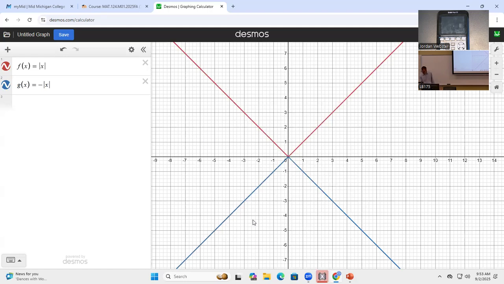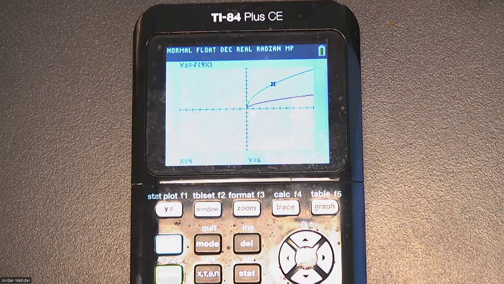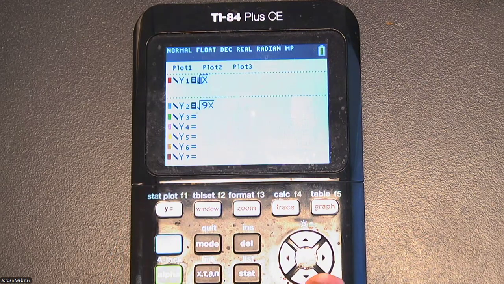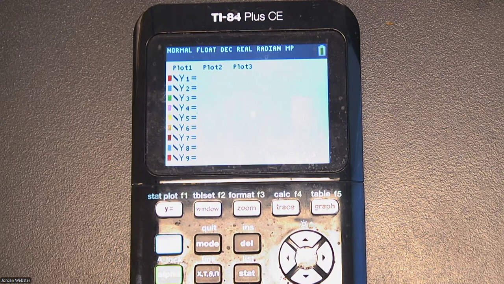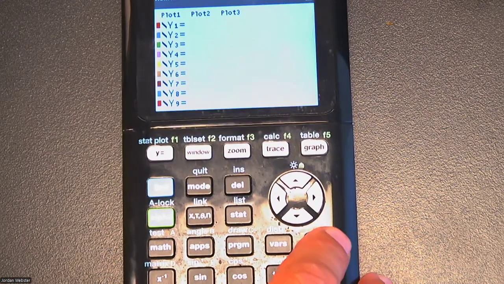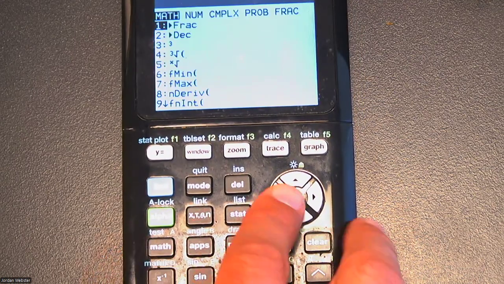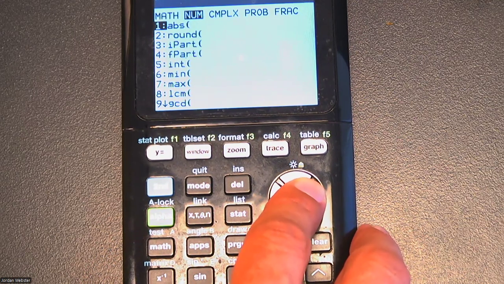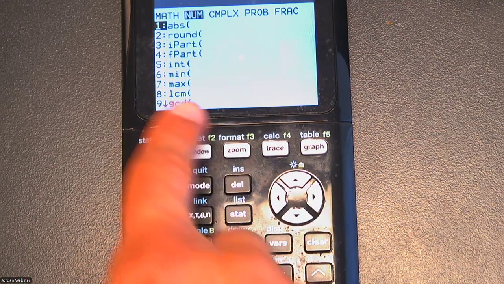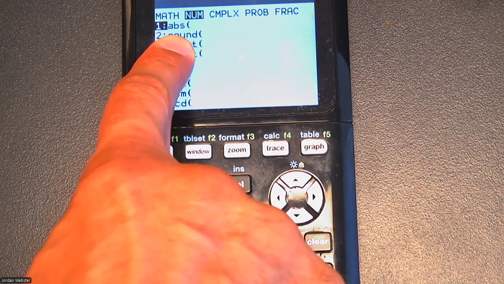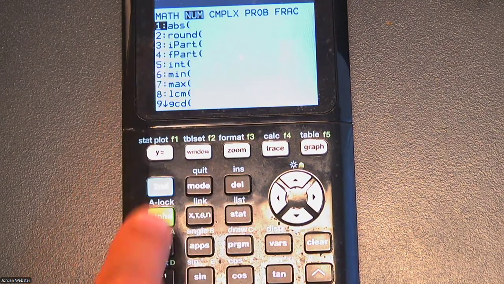So on the TI-84, let me just go ahead and do that real quick. If you want an absolute value, you have to go into the math menu on the left-hand side, and then scroll one to the right, and then it's ABS right there.